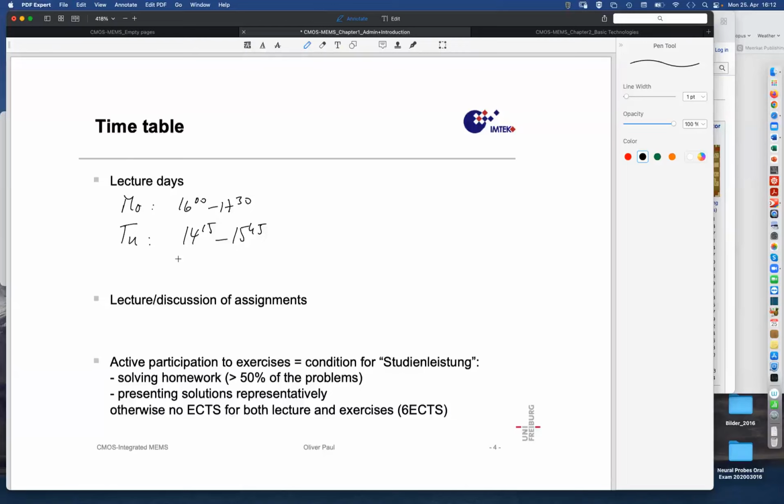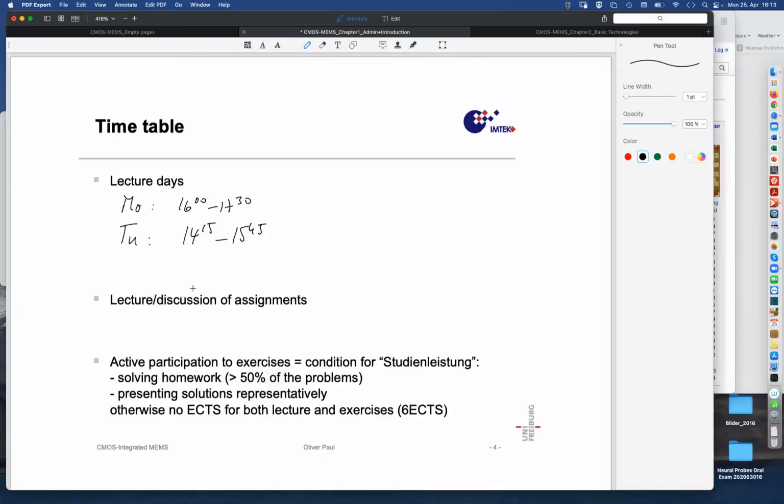So, lecture and discussion, how do we share that? I'll just progress with the lecture. And then when I see that we have enough material to do some interesting exercises, I will put an exercise sheet online, and then you have a week to work on those exercise sheets.